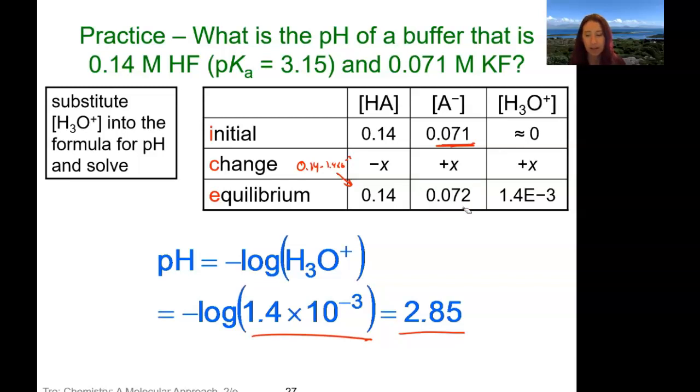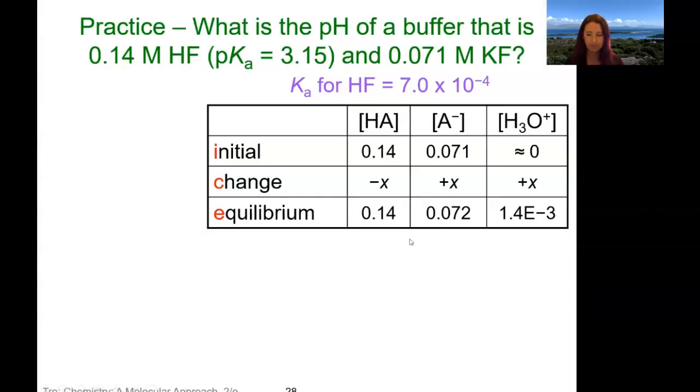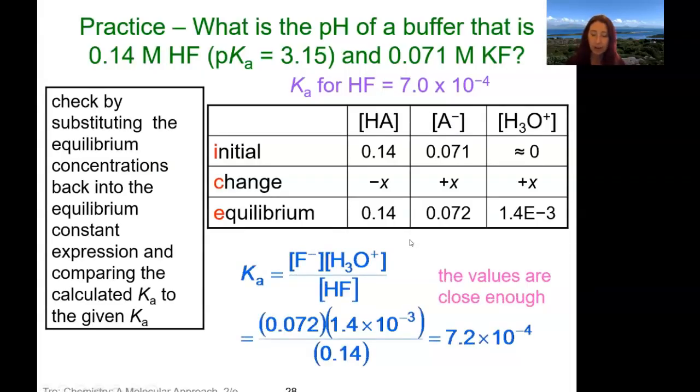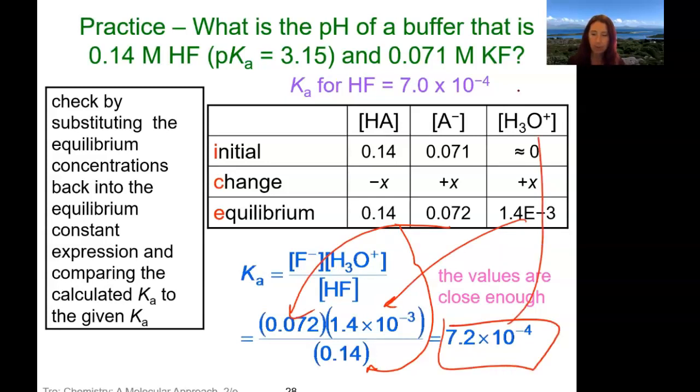Again, because our x is small worked. The change was less than 5%. And again, we can check it, throw these numbers back into that equilibrium expression and see, does the number you end up with match the Ka we started with? If yes, then we know our answer is right. Like 100%, we know our answer is right if it matches. Okay, any questions on this?